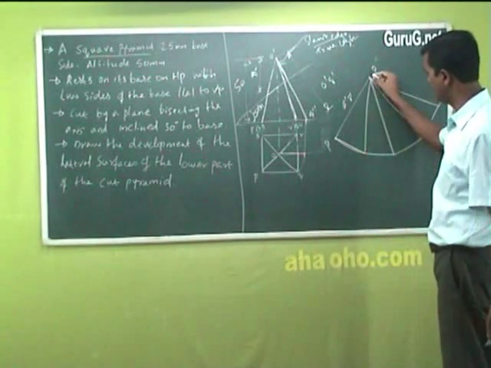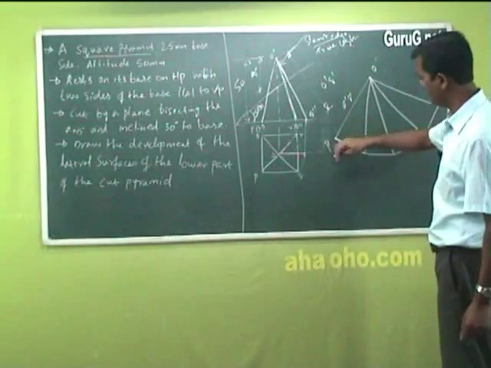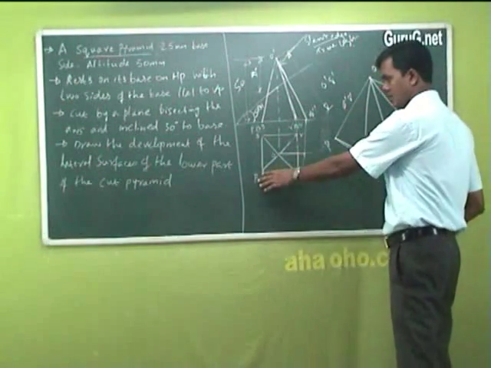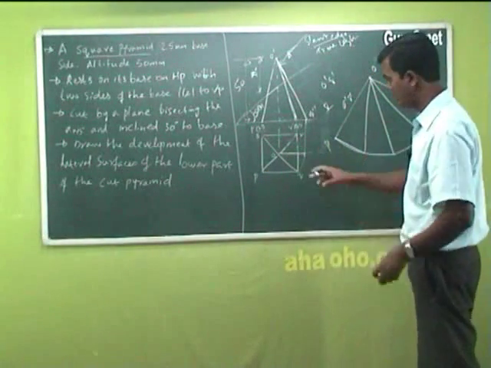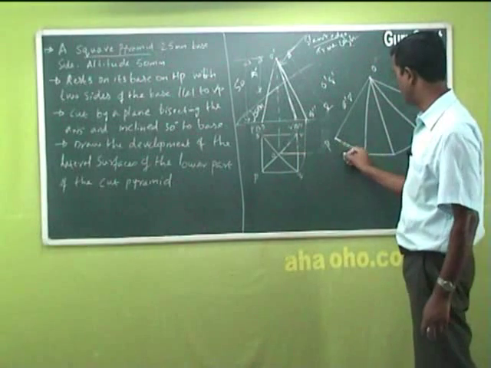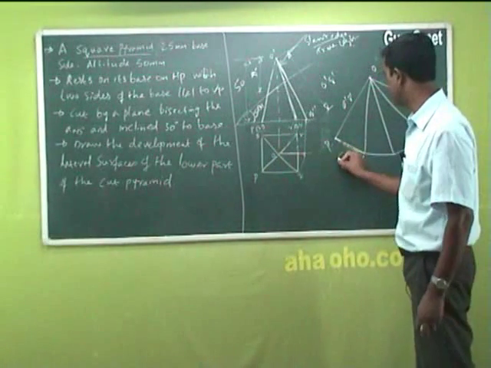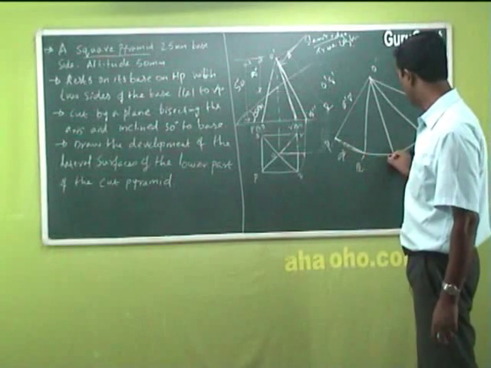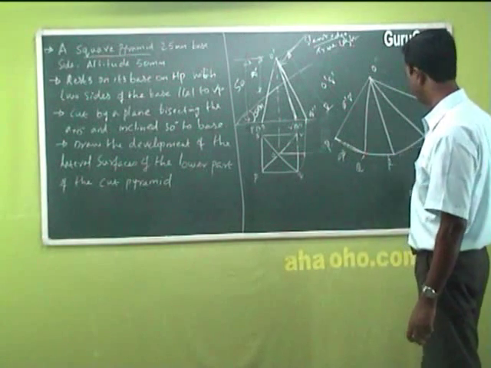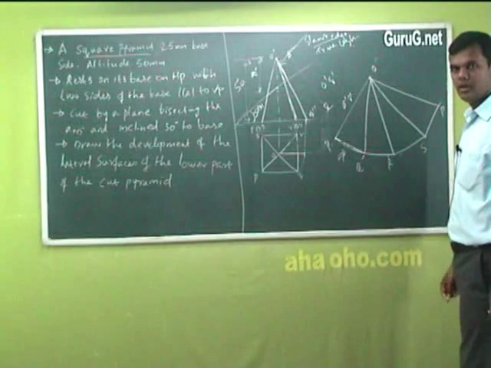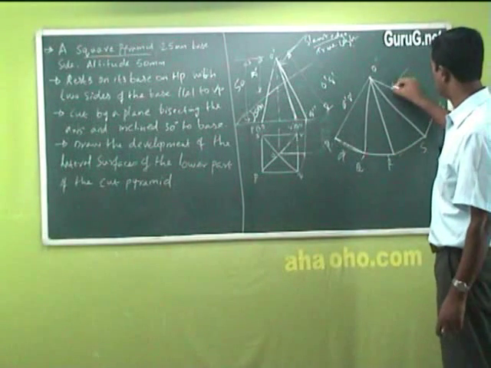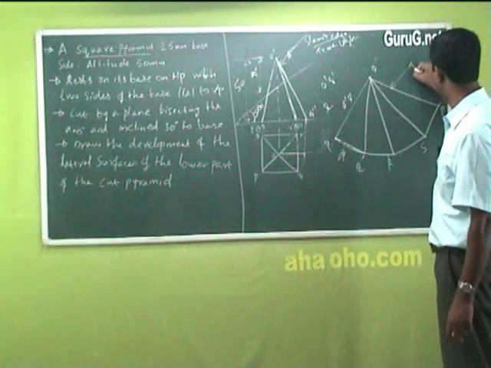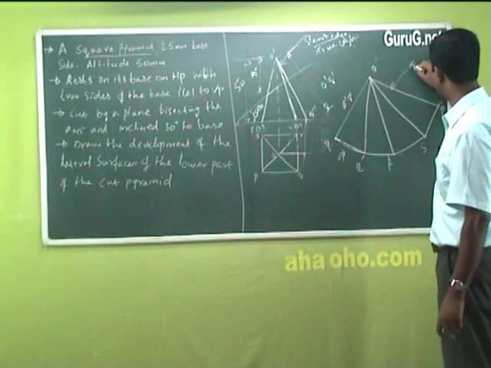Fine, and nothing else is required. You just draw this line. You measure this, right? And this side is this OP. Whatever this OP is, this is your side OP. Or you take 4 sides, P, Q, R, S, and P. Okay, that's it. So this is your true length of the slant edge.